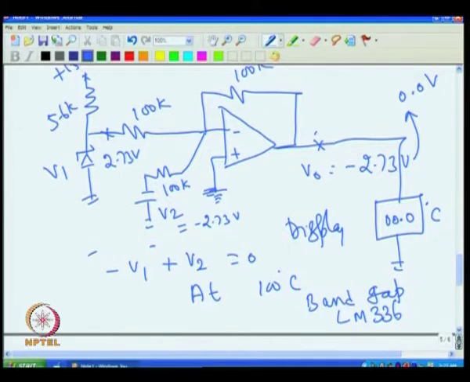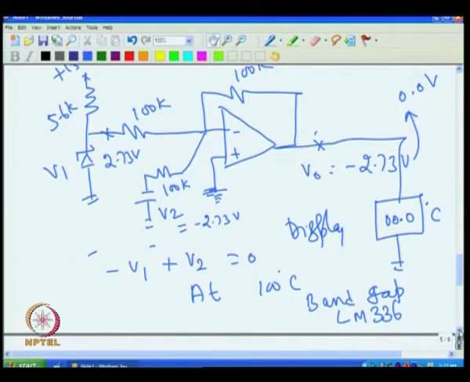With temperature the voltage of the Zener changes only 30 parts per million. Even that is sometimes objectionable, as we will see. But in this example we assume we use the LM336 Zener to generate V2. The only issue is that it is not 2.73 volt, the Zener that we have is only 2.5 volt.